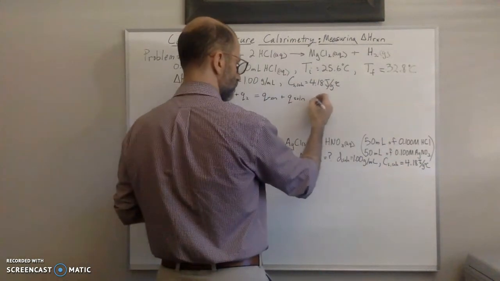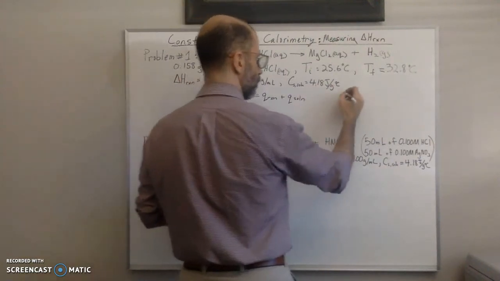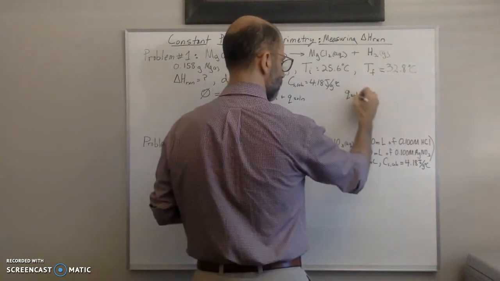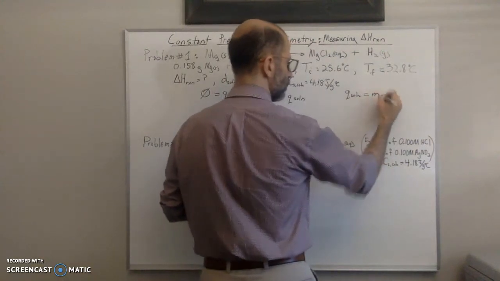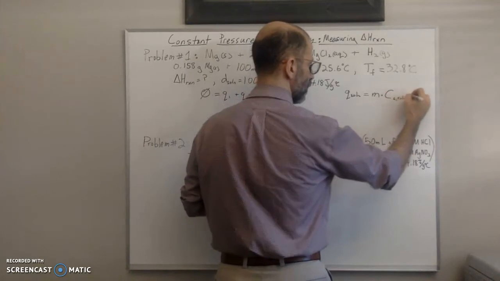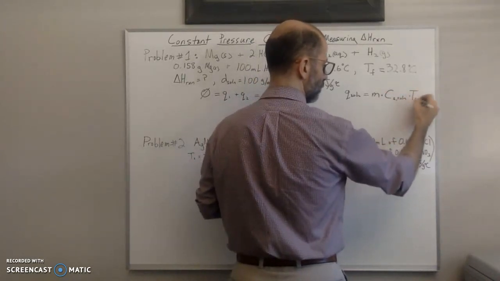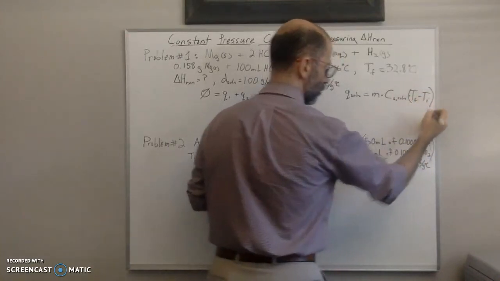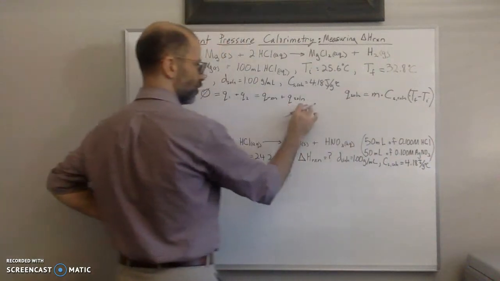So here the Q of the solution is going to be equal to the mass of the solution multiplied by the specific heat of the solution multiplied by the temperature change, which is going to be final temperature minus initial temperature there. So there's my equation for the Q of the solution.